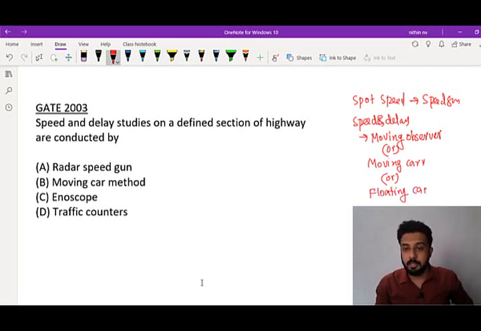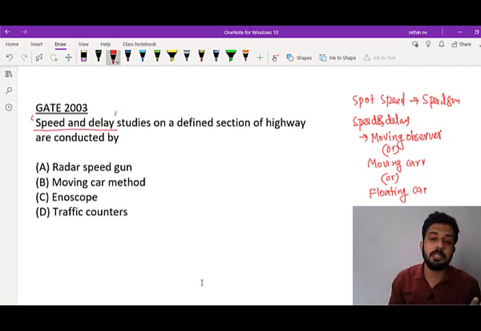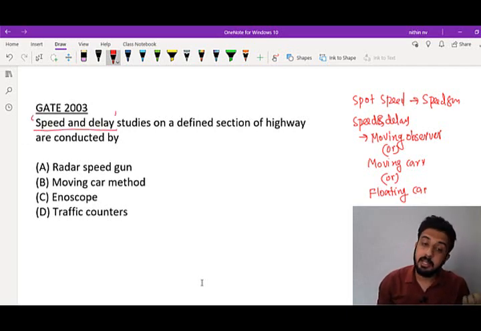So speed and delay is considered a single usage. Whenever you see the word delay, check for these three: moving observer, moving car, or floating car method. The correct answer will be the moving car method.